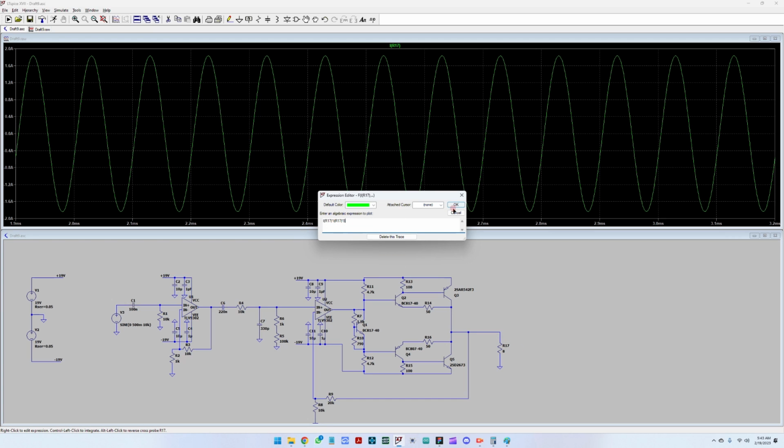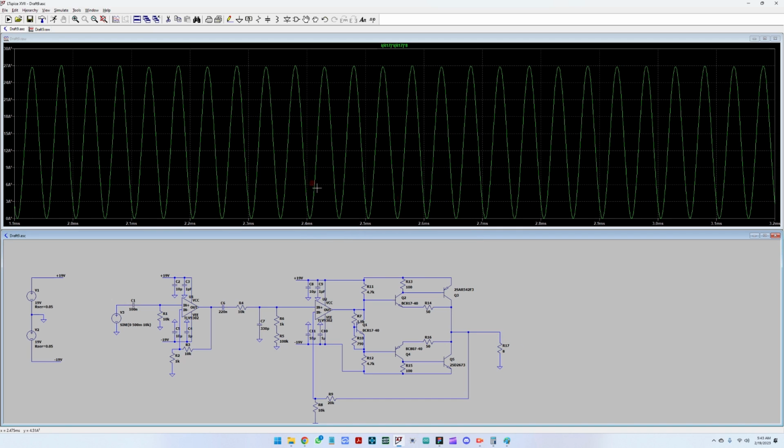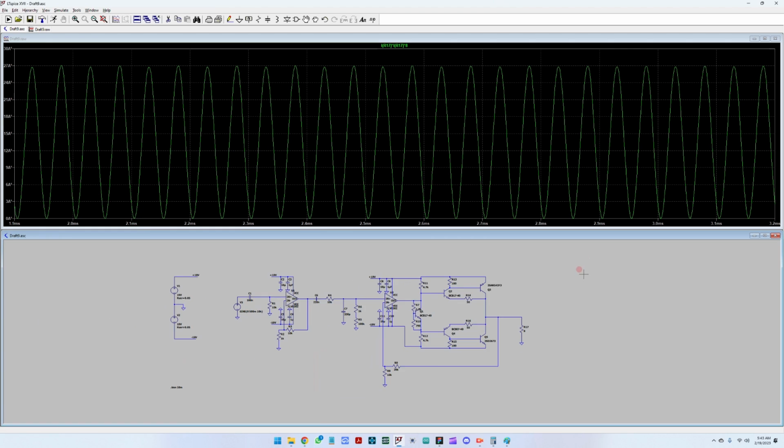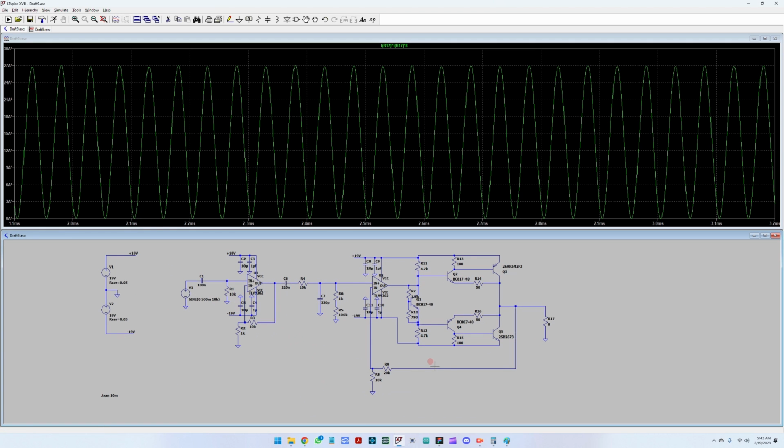I'm placing 8 ohms here. So the power goes to about almost 27, sometimes touching 27 watt power output for one stage. So 2 stages would be 27 times 2, which is 54. So we are also above the required power output.